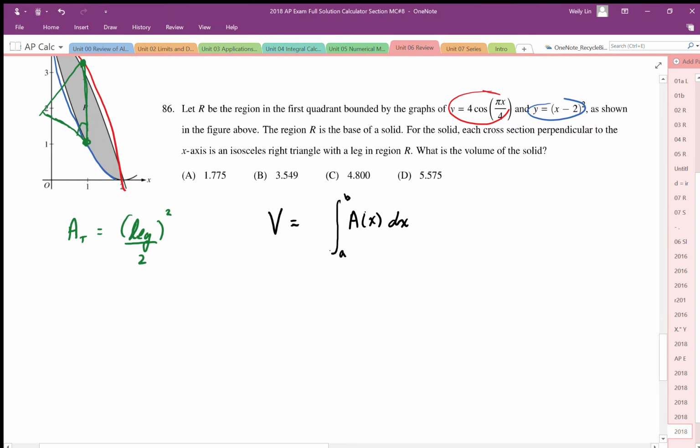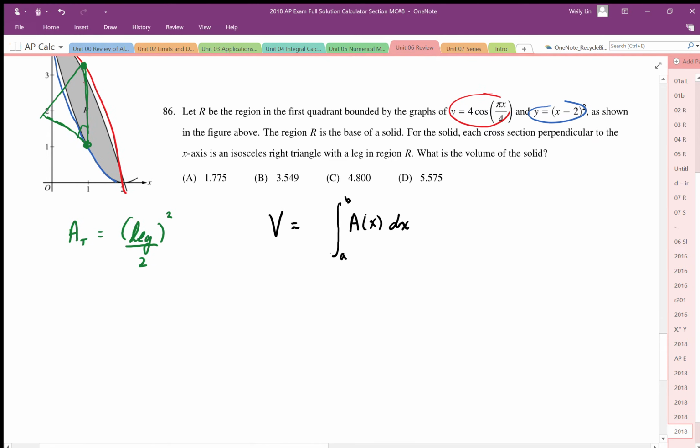In this case, for the area, we first have to find the length in the region. So that green line right here, we're going to find that leg first. That leg length is going to be the upper value minus the lower value.